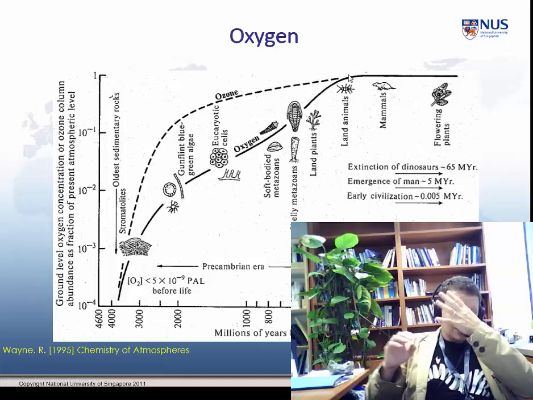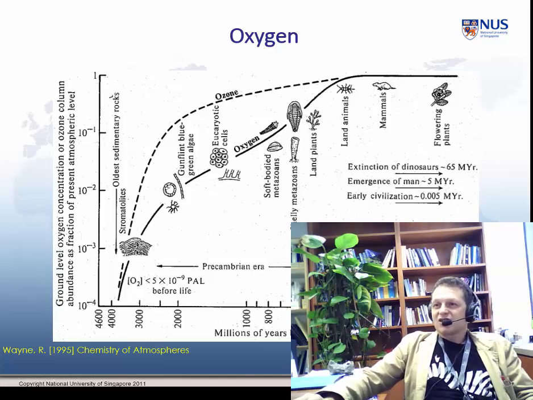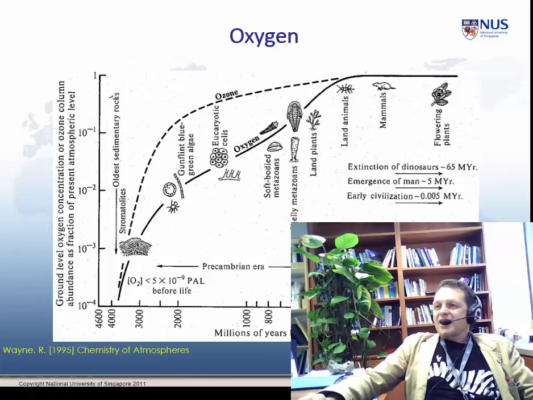Notice, if you will, that we only reached the present atmospheric oxygen level about 300 million years ago. That's relatively not very long ago, and it was only then that you started getting land mammals. Okay, let us move on.